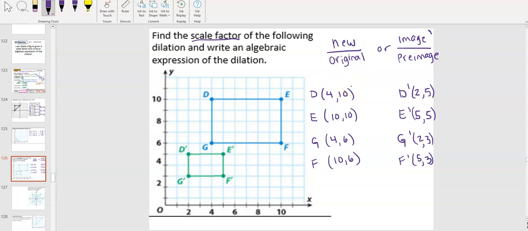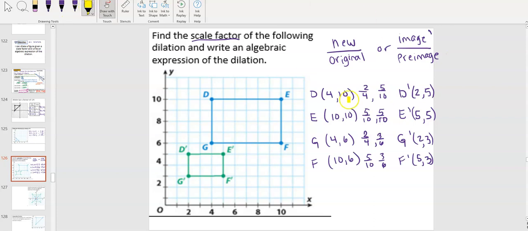So if I take all of my numbers and I do my image over pre-image, let's go X first. 2 divided by 4 and 5 divided by 10, both of those can be reduced to 1/2, okay? 5 over 10 is also 1/2. 2 over 4 and 3 over 6 is also 1/2. And 5 over 10 and 3 over 6 is also 1/2.